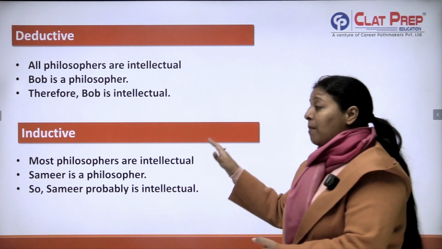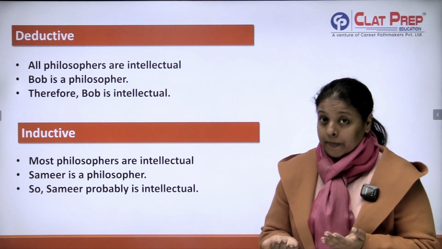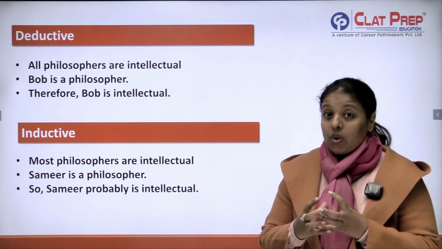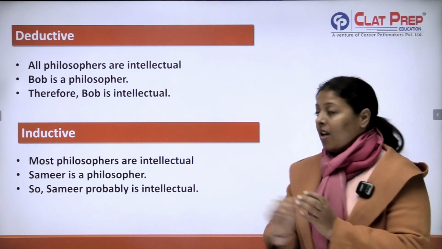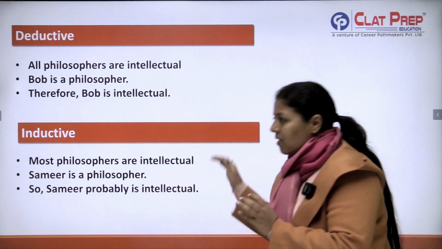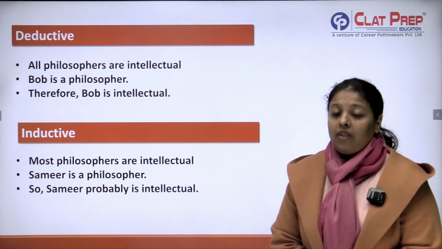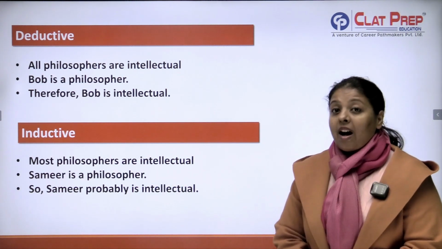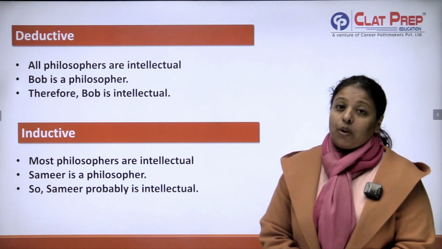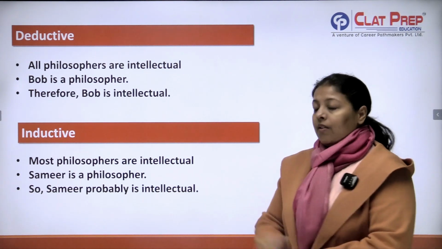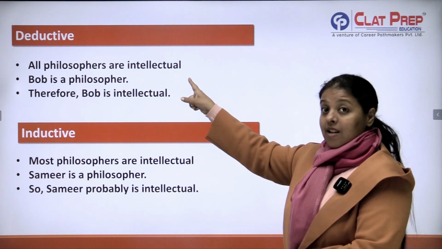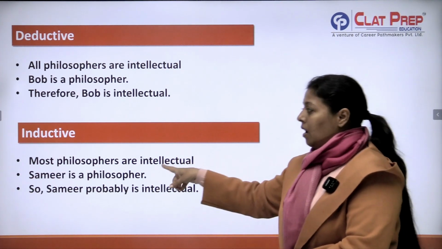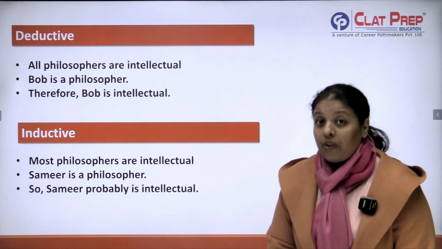Whereas if my premise is not letting me conclude any particular conclusion with 100% certainty, that type of reasoning is known as inductive reasoning, and that type of arguments are known as inductive arguments. See this argument. Most philosophers are intellectual. This is saying all philosophers, whereas this is saying most philosophers.